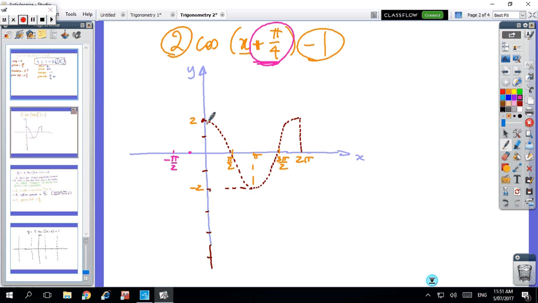So this point here has been moved back pi on 4 and then down 1. It's like the new floor, like the new x-axis. This point here has been moved back pi on 4 and then moved down to that spot.